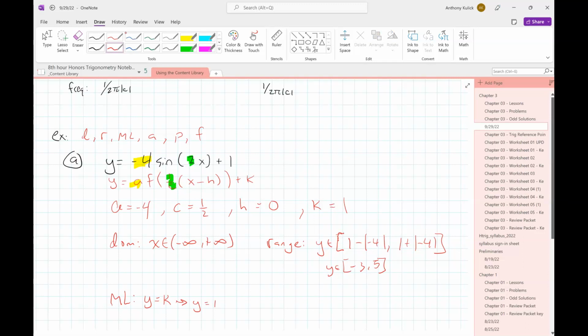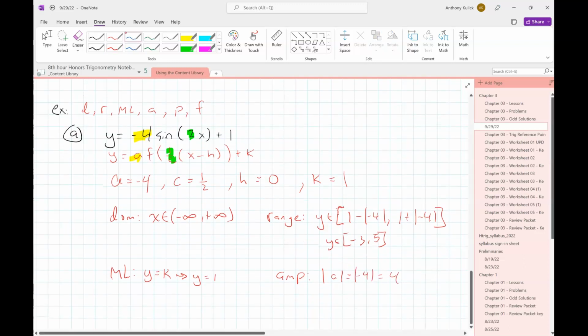What's my amplitude? 4. Again, that's the absolute value of A, so the absolute value of -4 is just 4. What's my period?